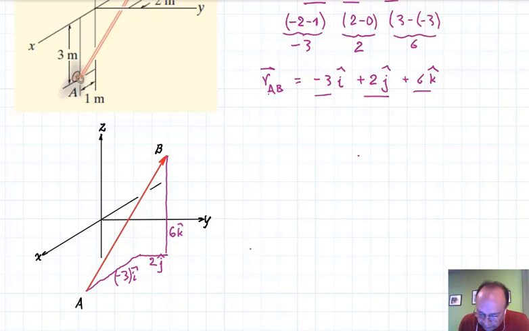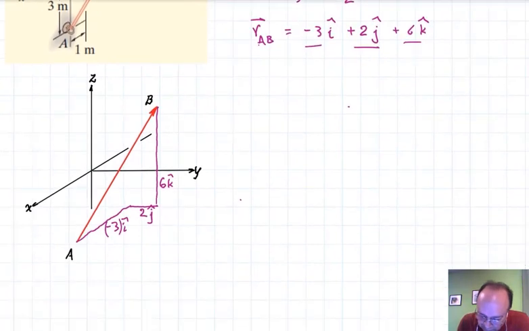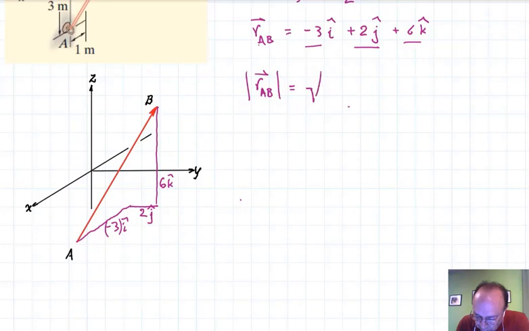Now, if we want to get the length of the rubber band, that will be the magnitude of the position vector. So we can calculate this by the Pythagorean theorem: the magnitude of R will be equal to the square root of (-3) squared plus 2 squared plus 6 squared.